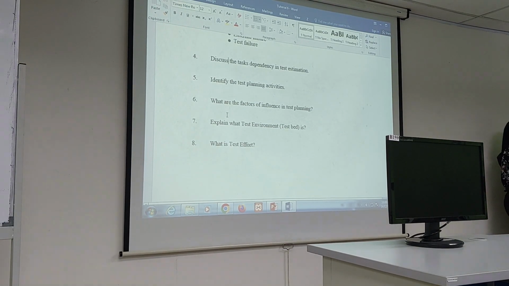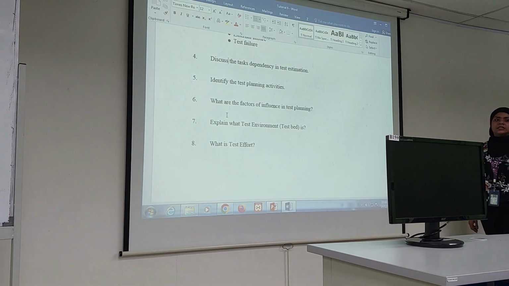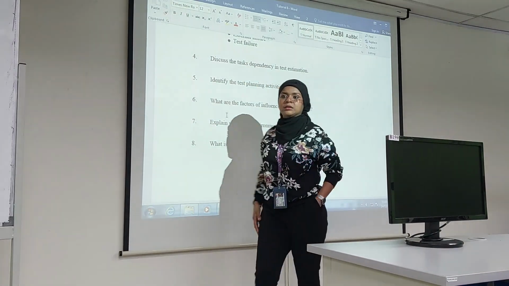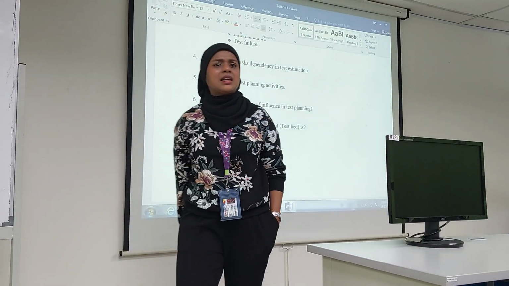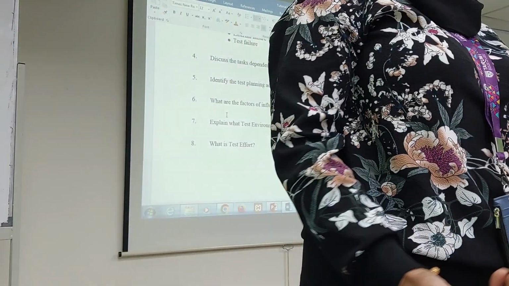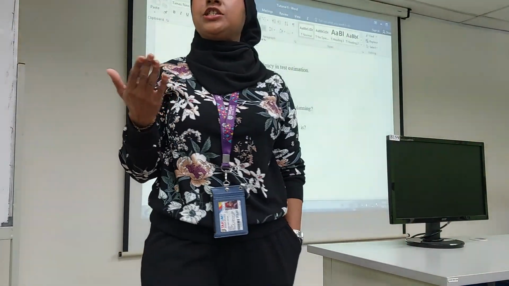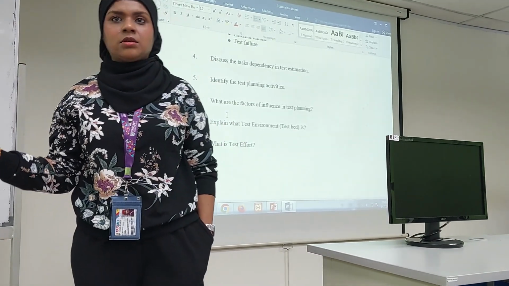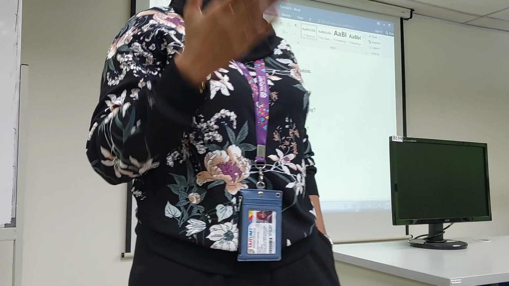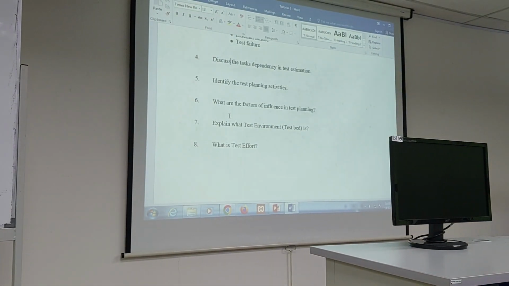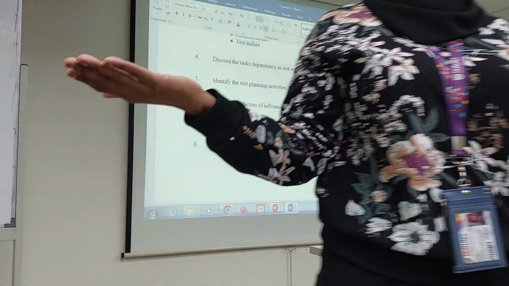Okay, then discuss the task dependency in the task estimation. So just now we talked about this task dependency. What is this task dependency? Relationship. The relationship between one task and another task, for us to know which task needs to start or complete first before we can start another task.